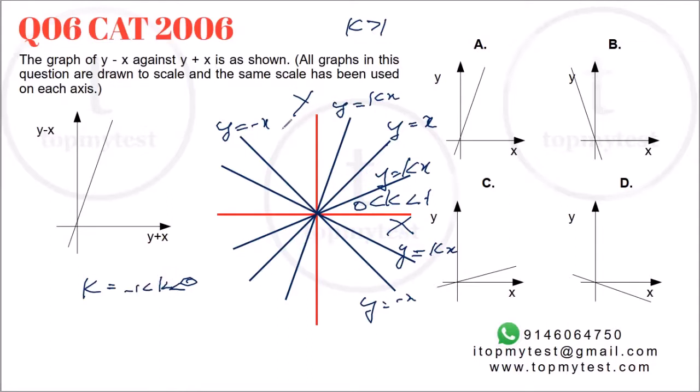And similarly, you can draw another line here. This will also have y is equal to kx, but in this case, k will be less than minus 1.